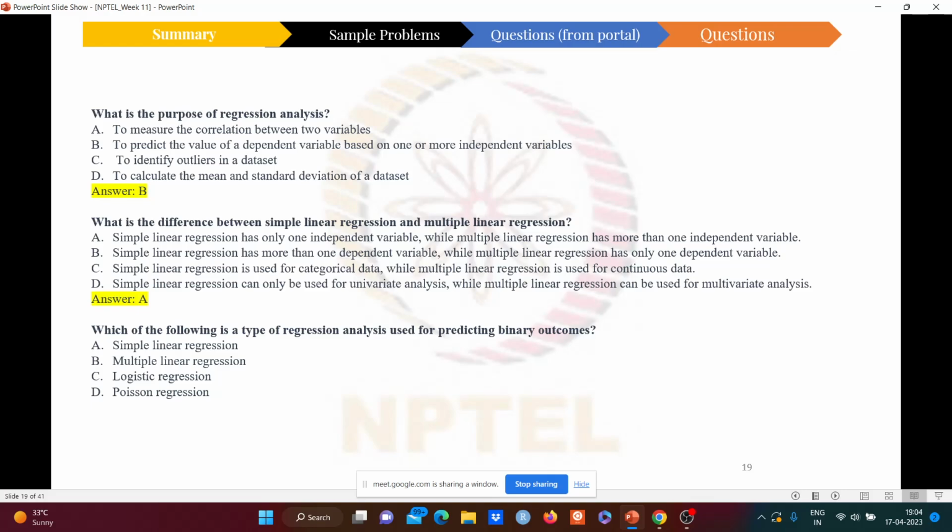Which is the regression technique we discussed for predicting binary outcomes in a classification problem? Yeah, it is logistic regression.